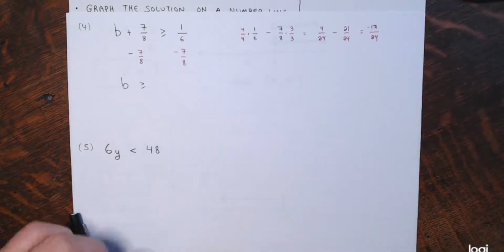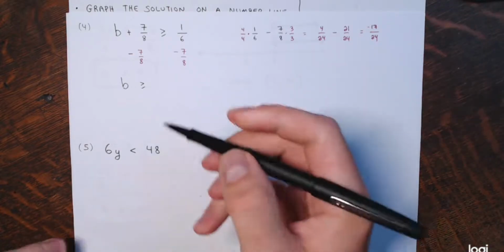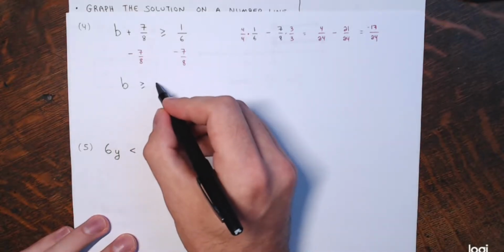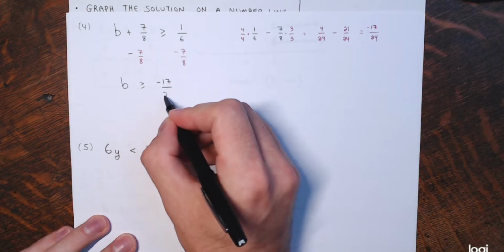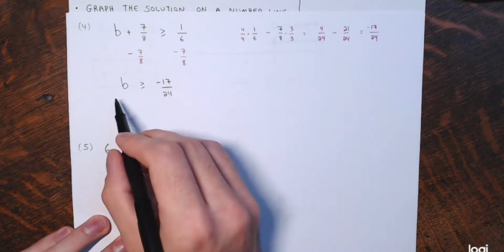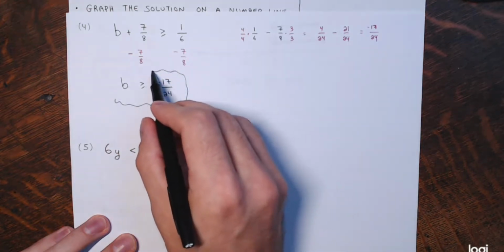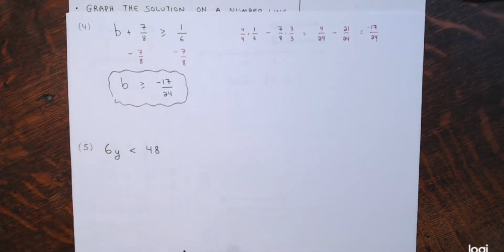Right, negative 17. So b is greater than or equal to negative 17/24. And there we go. Right, there's the inequality solved. Right, the variable alone on the left side there.